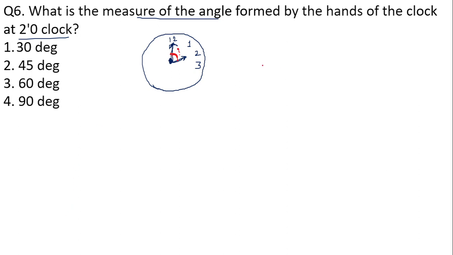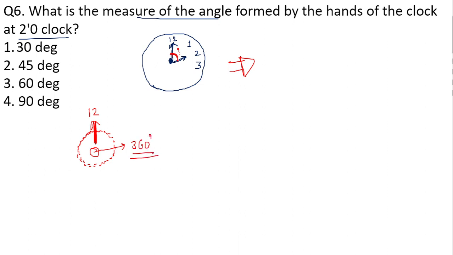How can we solve this question? We know one thing, that if any hour hand or minute hand is taking one full circle, moving from 12 and coming back to 12, how many degrees is it moving? It is moving by 360 degrees. Okay.